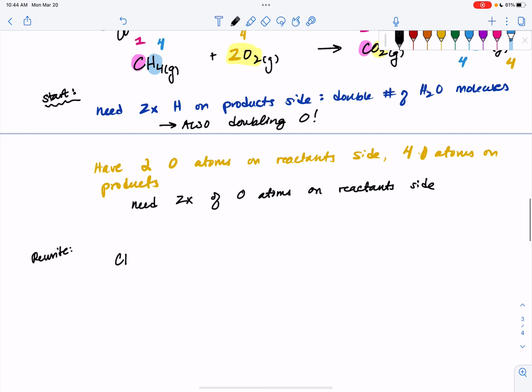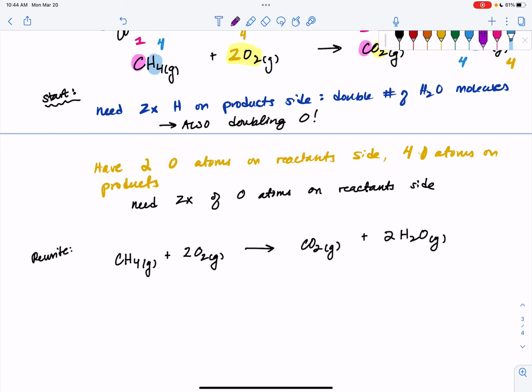So we've got CH4 reacting with O2, specifically 2 O2s, to give us CO2 and then 2 H2Os, where these whole numbers out in front here, these are the coefficients that we get from balancing.